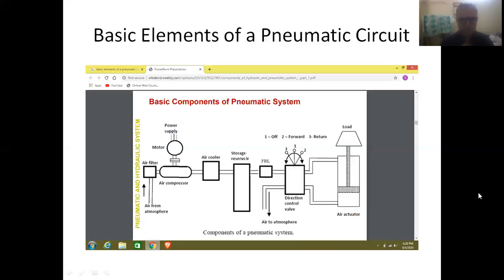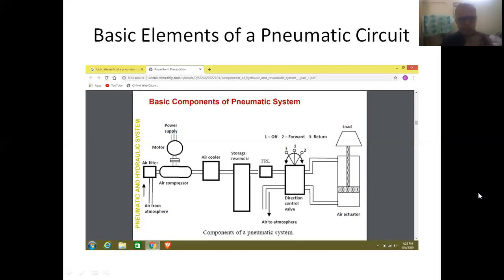So friends, providing an air reservoir is very essential for operating the system, or in other words, for operating the piston that is arranged inside the cylinder.